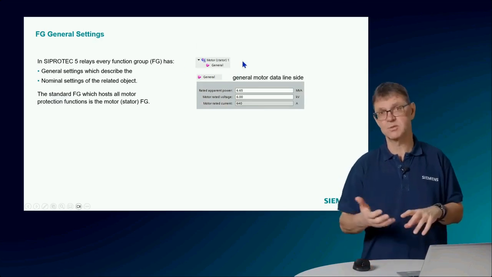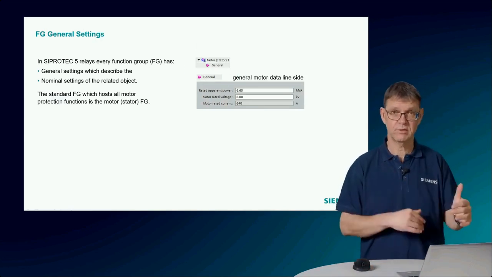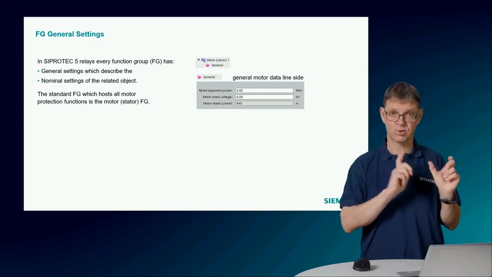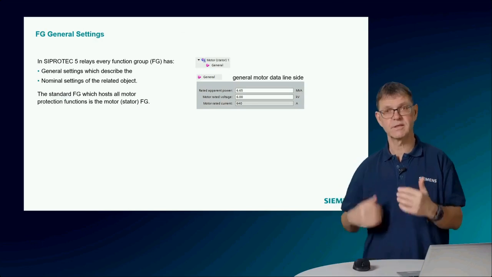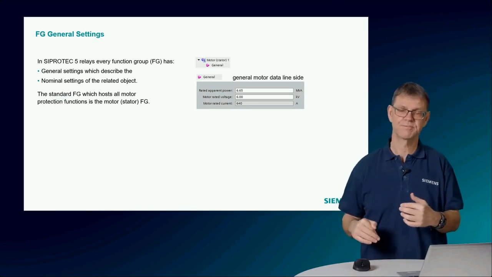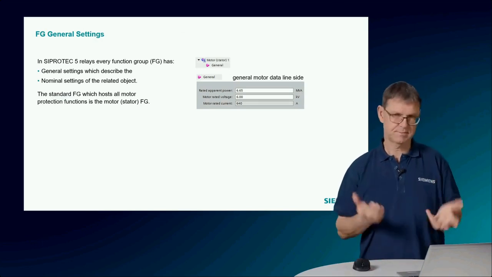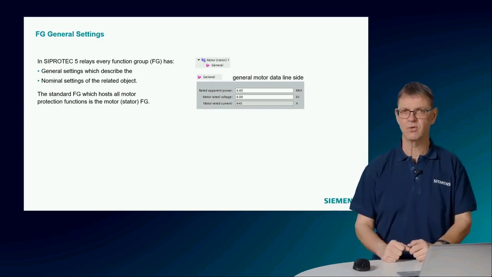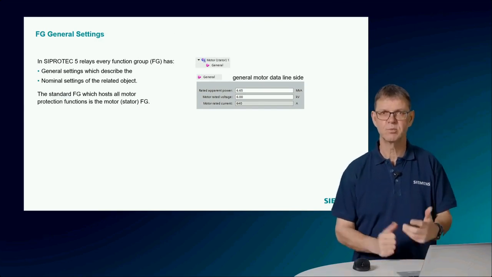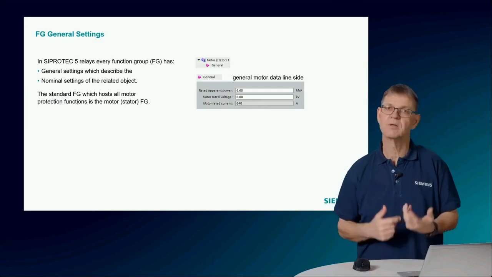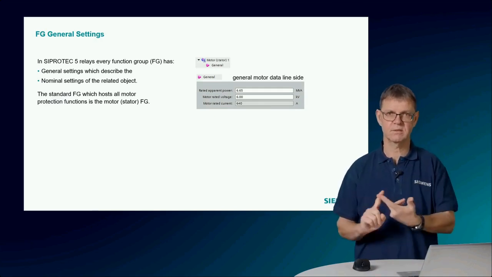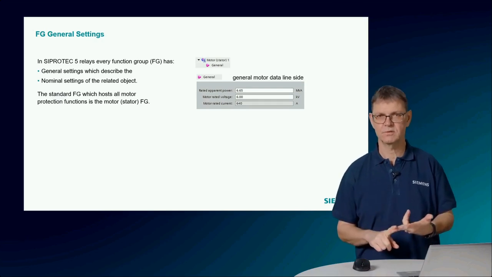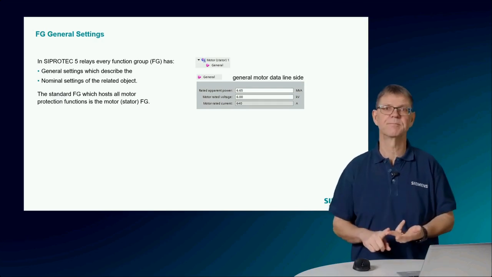There's a little bit of speciality. Motor, generally we need to use a function group motor stator if we use a differential protection, a dedicated differential protection function. Okay, but basically it's the same for the application. And you see we put here the rated apparent power and the voltage, and then the relay calculates us the nominal current of the motor here.